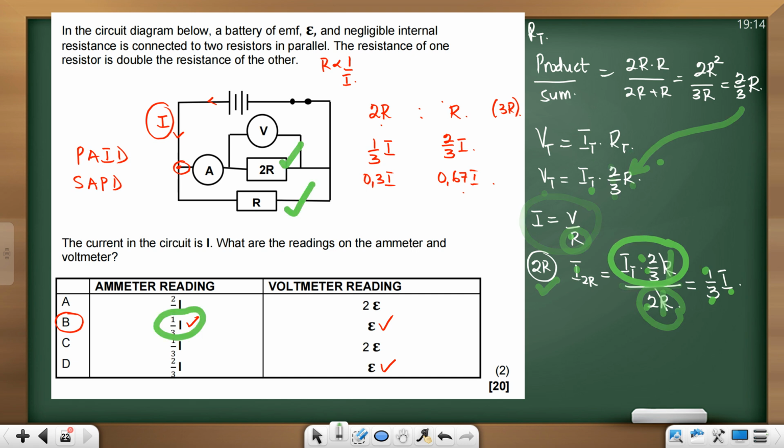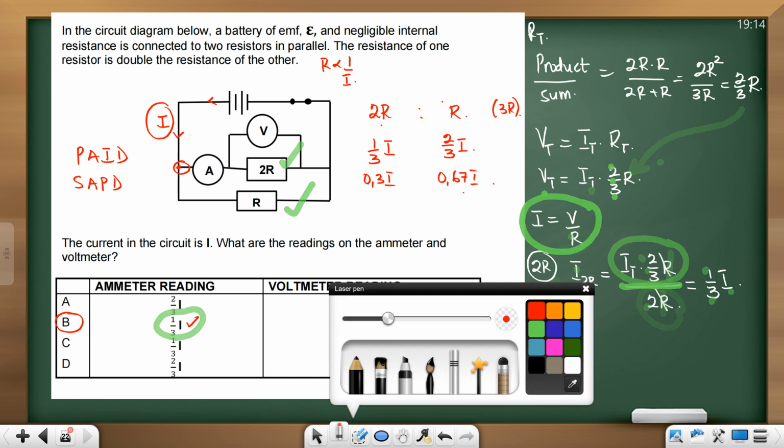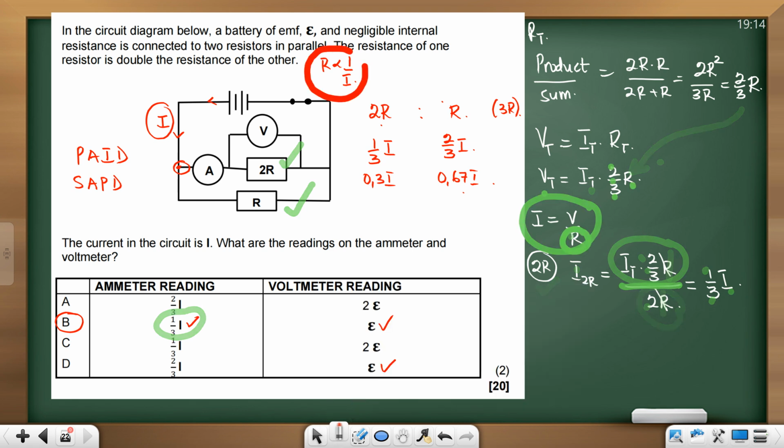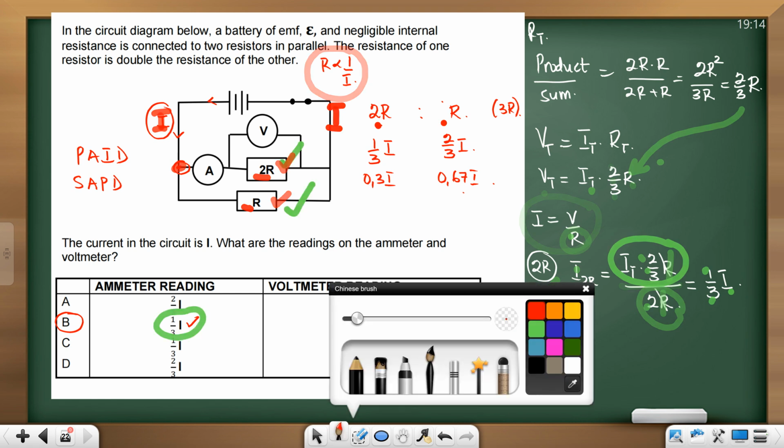If I want to go back to what I did using ratios, which is shorter, check here. Using ratios, don't forget this: R and I are inversely proportional. So I have 2R and R. When I is coming here, it is divided in the ratio 2 to 1. So we want to divide I in the ratio 2 to 1. We go back to grade 8. What do we do first?